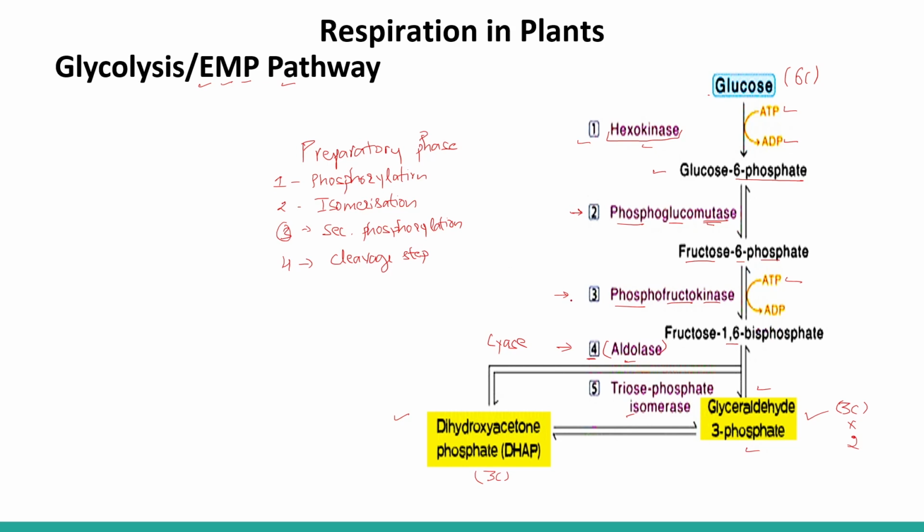Now the dihydroxyacetone phosphate is further converted into glyceraldehyde 3-phosphate. So in the end, we have 2 molecules of glyceraldehyde 3-phosphate. This reaction is catalyzed by the enzyme triose phosphate isomerase.